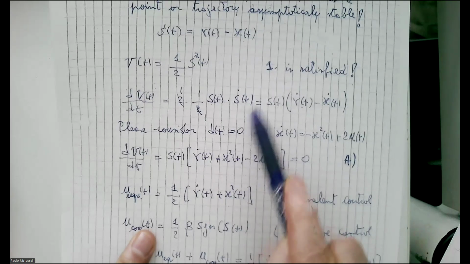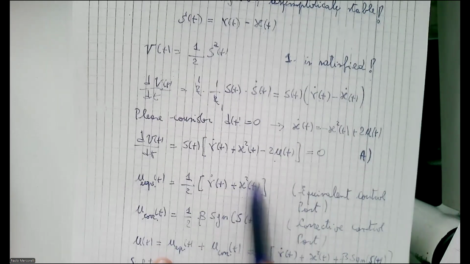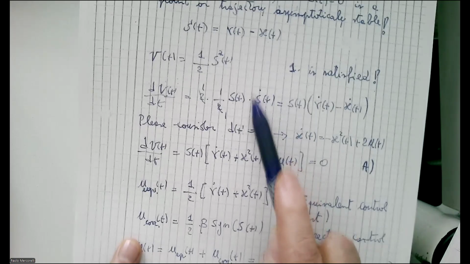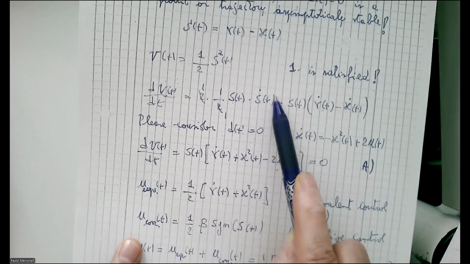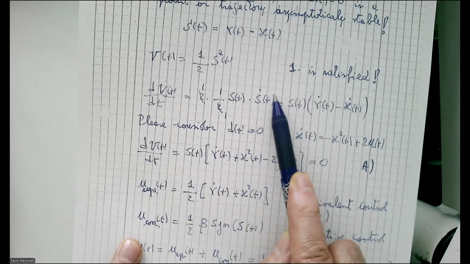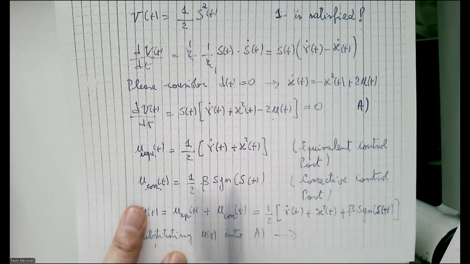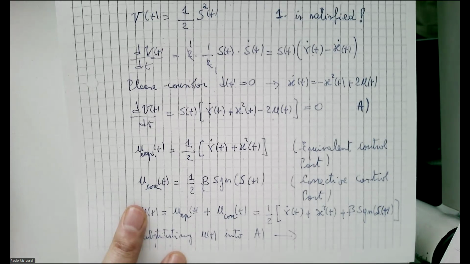Thanks to this part here, this means I will remain on this. But to guarantee that I remain, I need this, because this guarantees the attractiveness, the negativeness.